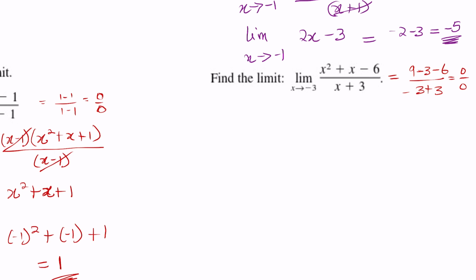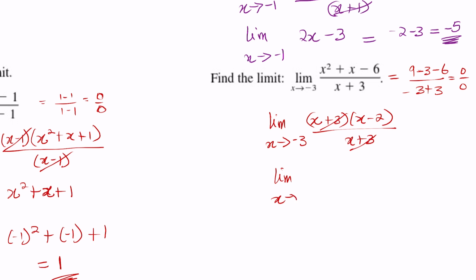And here, this gives us x plus 3, x minus 2, divided by x plus 3. So if we evaluate this, we end up with the limit as x approaches minus 3 of x minus 2, which gives us minus 3 minus 2, which equals minus 5.